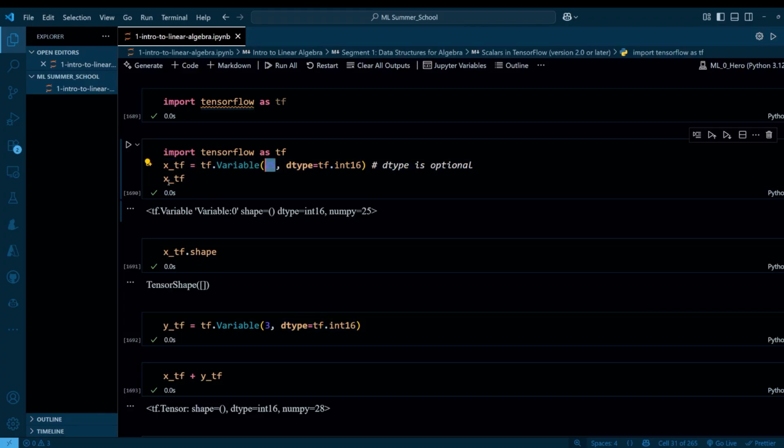Okay, so if you look into that, you will see the variable shape is nothing, right? That means it is assuming this as a scalar, because a scalar has no dimension, right? The value is 25. And you can see something like NumPy. NumPy is basically what we use for mathematical calculation.